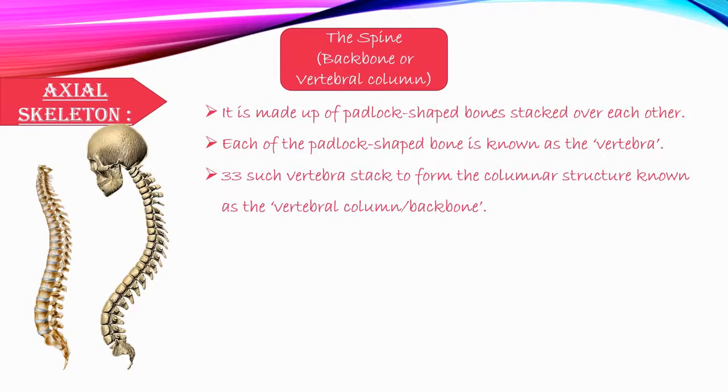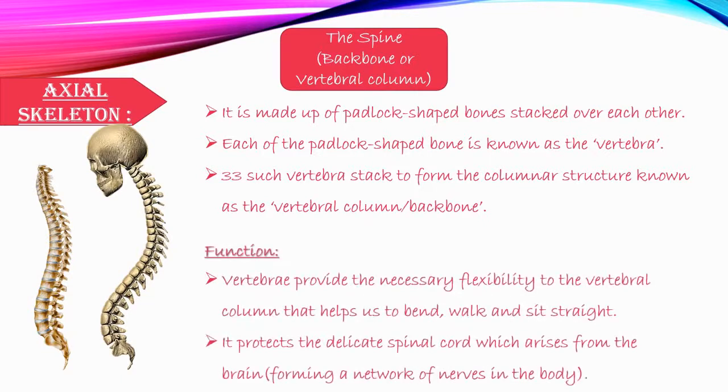Now, what is the function of the backbone? Vertebrae provide the necessary flexibility to the vertebral column that helps us to bend, walk, and sit upright. It protects the delicate spinal cord which arises from the brain, forming a network of nerves in the body.